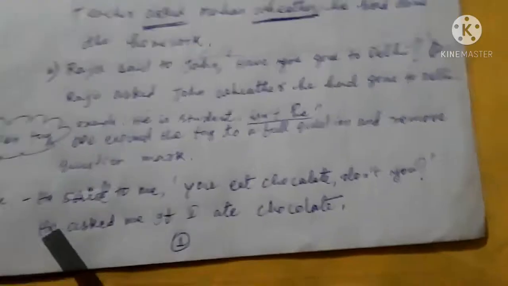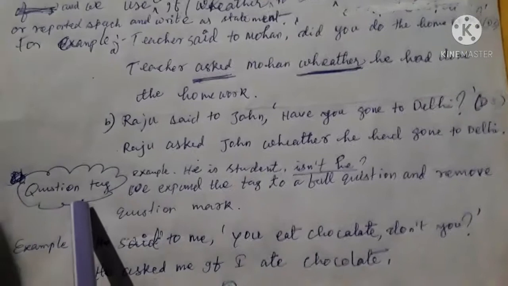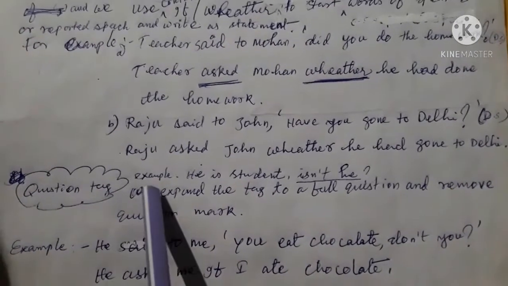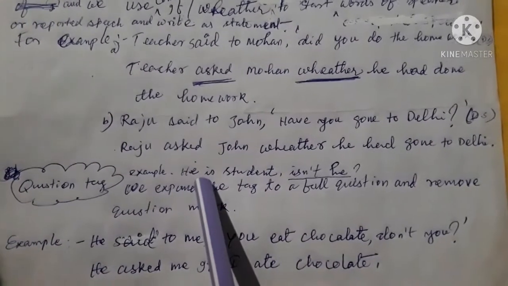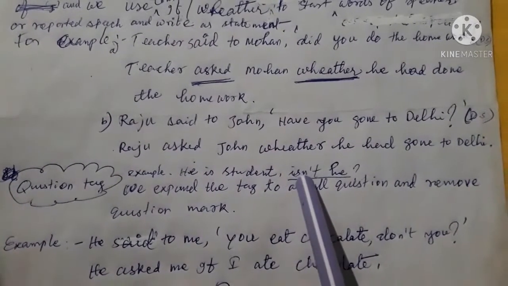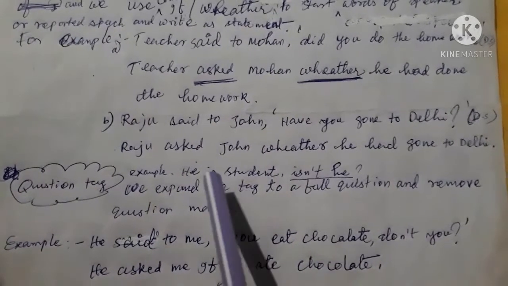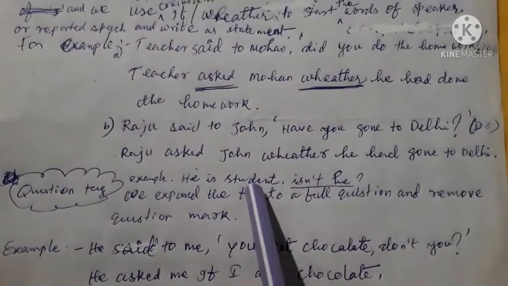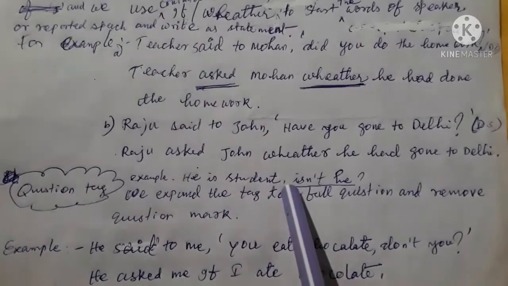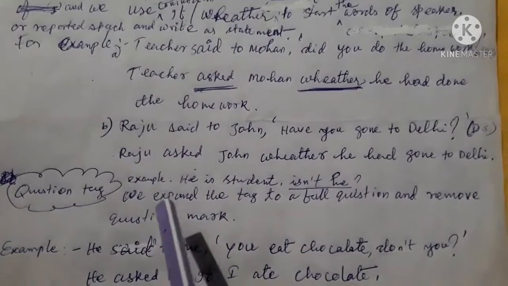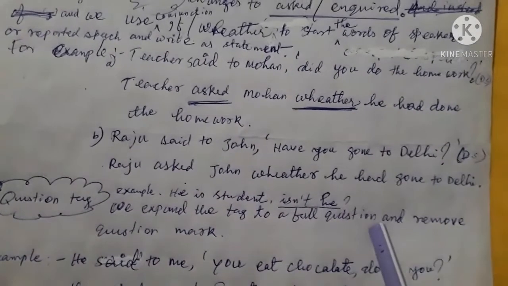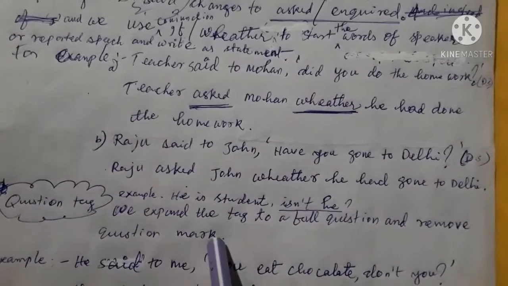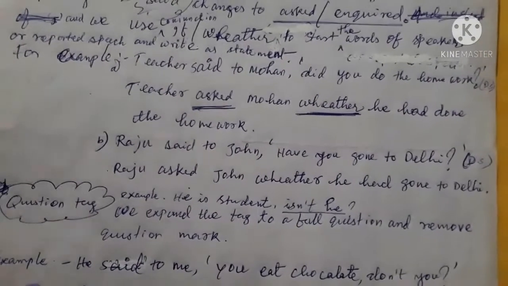Now let us see another type of interrogative sentence, that is question tag. So what is a question tag? A question tag is used at the end of a statement. Like for an example, he is a student, isn't he? So we expand the tag to a full question and remove the question mark.